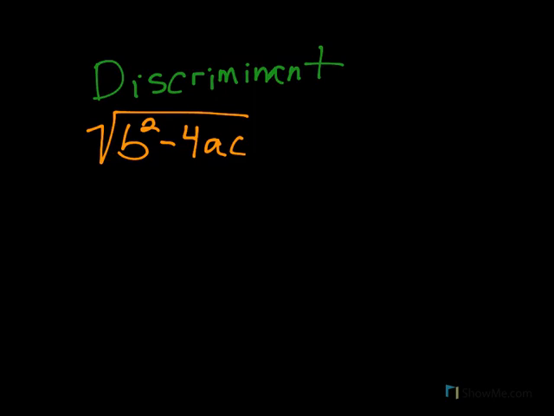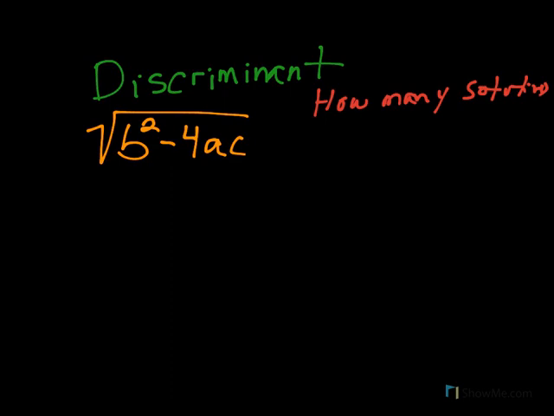The discriminant is very important if they ask you a question about how many solutions. If you have any type of problem that asks you how many solutions do you have? Well, here we go. Are you ready? Because right here, right now, I'm going to tell you exactly what you need to know.